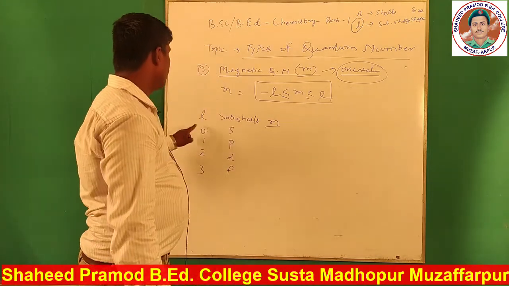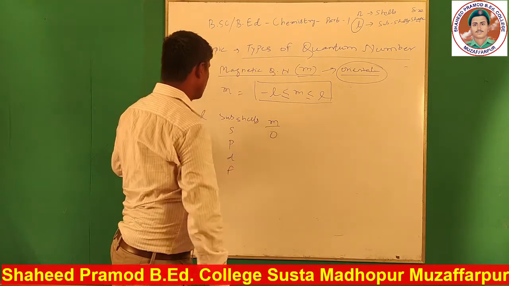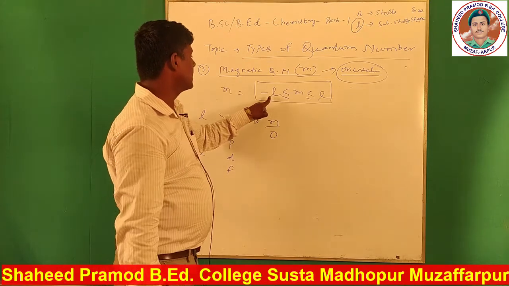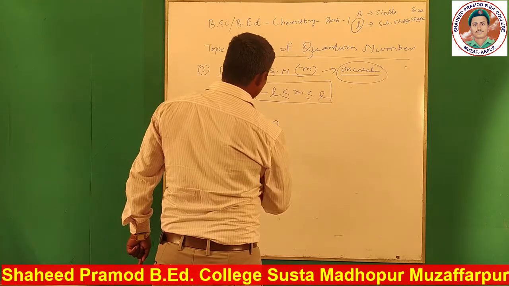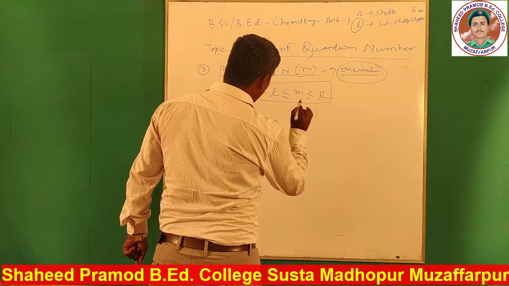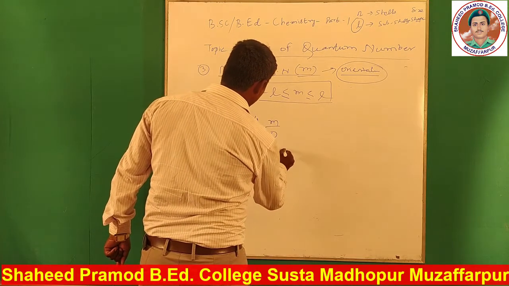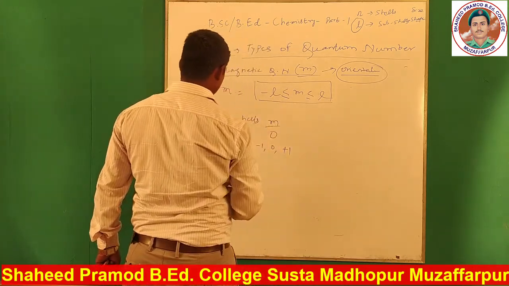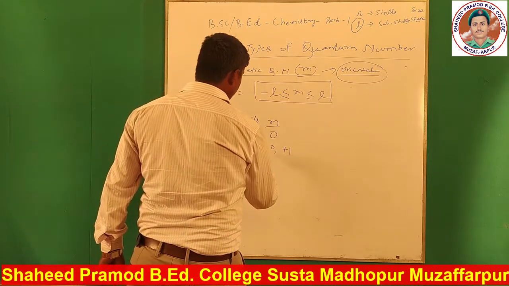For L equal to 0, the value of M will be 0. For L equal to 1, since M lies between minus L to plus L, it is from 1 to minus 1, so the values are minus 1, 0 and plus 1. For L equal to 2, what is the value of M?